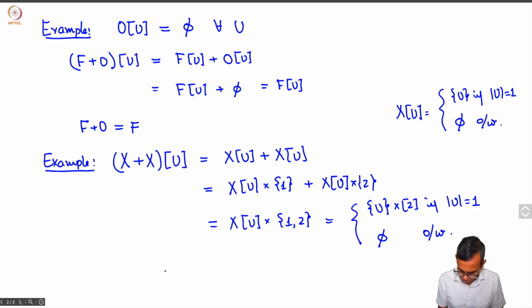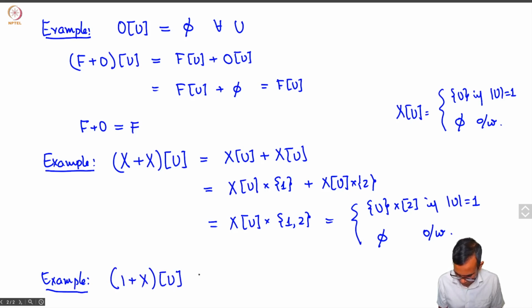Let's look at just one more example in the same vein. What is 1 plus X of U? Well, you can easily see that this is going to be singleton U if the cardinality of U is 0 or 1.